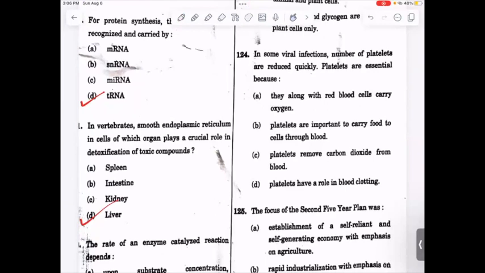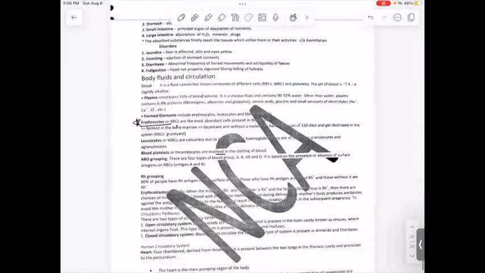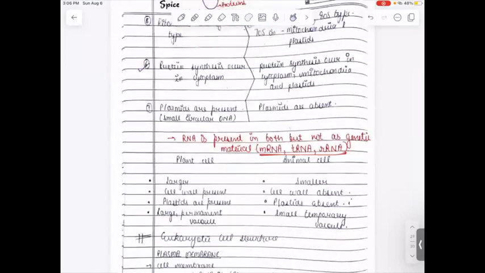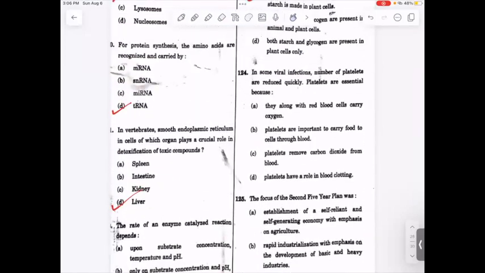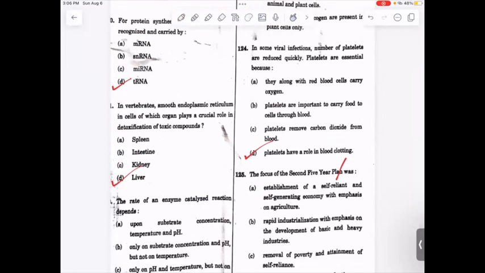In some viral infection, number of platelets are reduced quickly, and why are platelets responsible? You know that platelets are responsible for, as given in notes, blood platelets. They are involved in blood clotting. So option D is correct answer. Platelets have role in blood clotting.